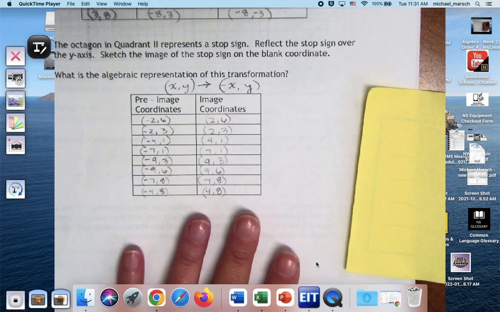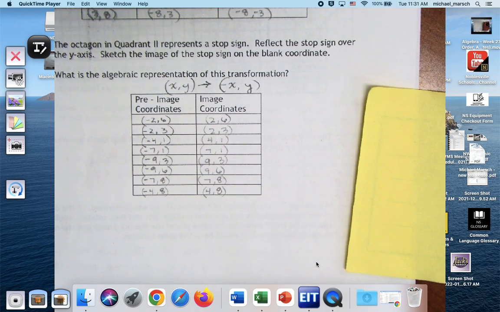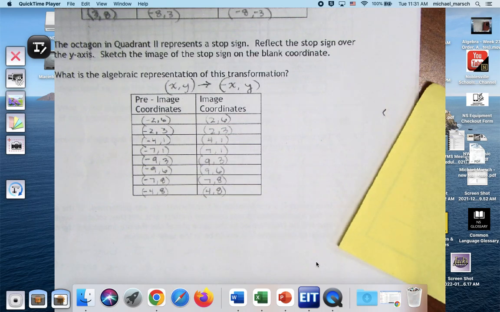Once you have these, go onto the coordinate plane and graph it. Over then up. X is forward, backward. That's what you do first. Y is up or down. That's what you do second.